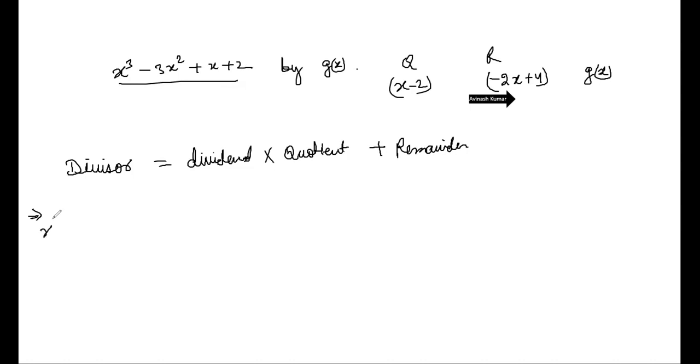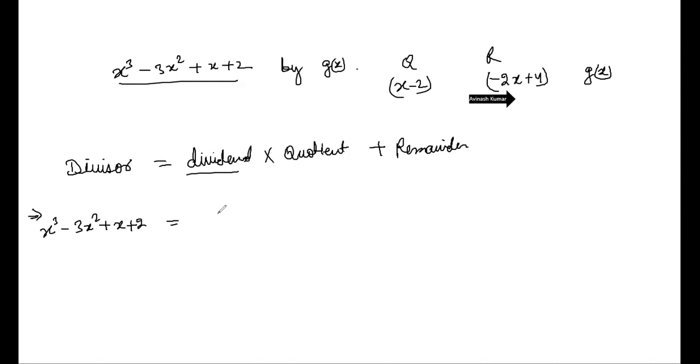So x cube minus 3x square plus x plus 2, dividend is this, gx is divisor. Oh, sorry. Just give me a second.